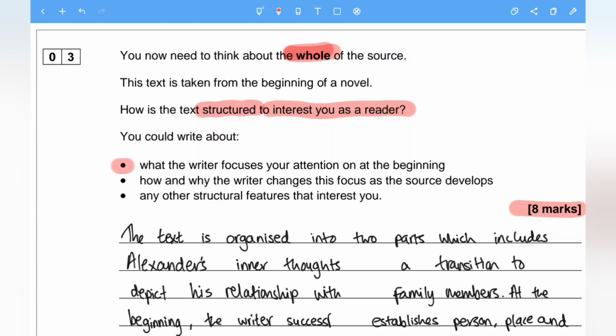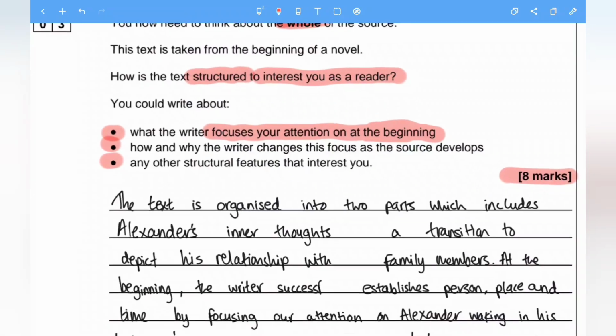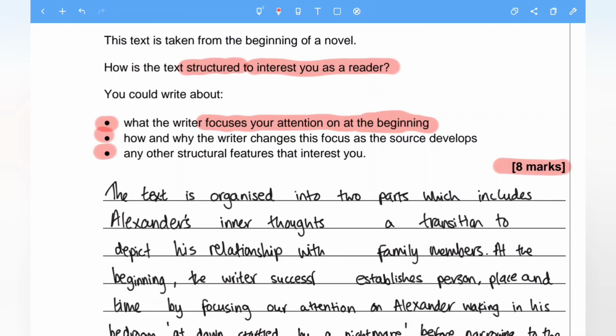And you see the bullet points here, they're here to guide you, so do use them when writing your answer. The first one reads, what the writer focuses your attention on at the beginning. So clearly we need to mention what happens at the beginning and how that interests the reader. Secondly, very important, how and why the writer changes this focus as the source develops.